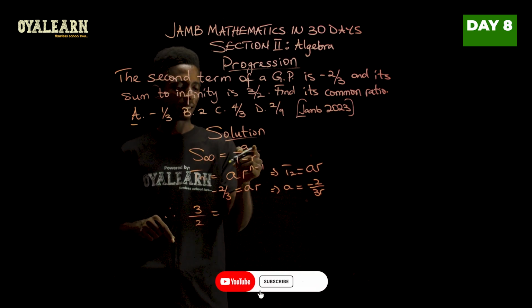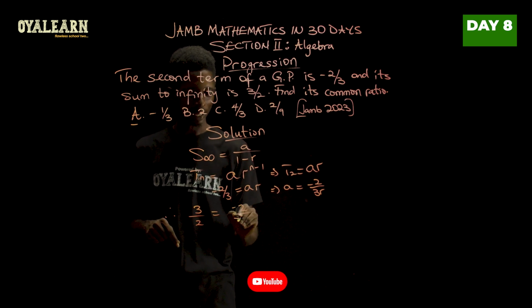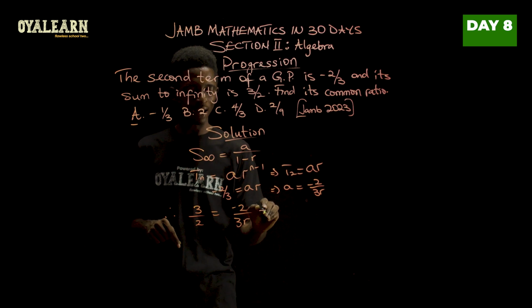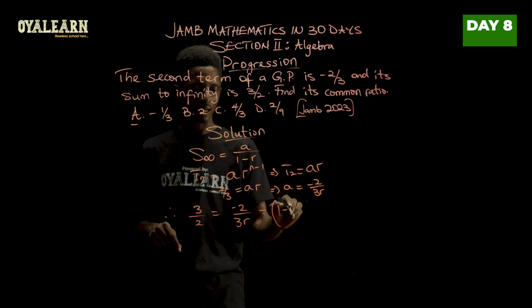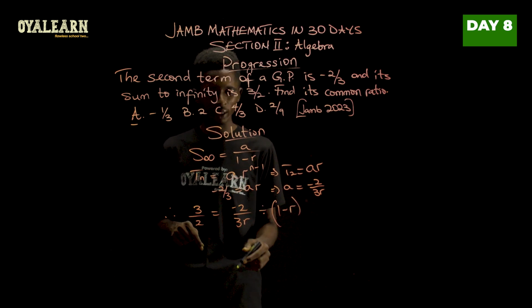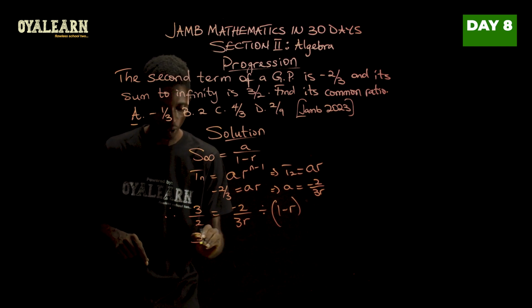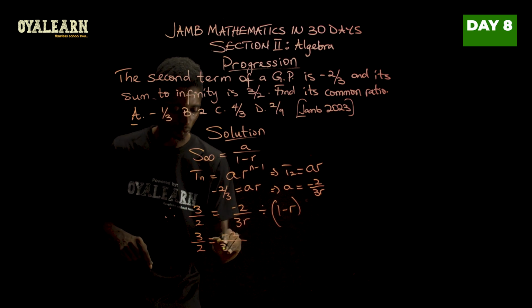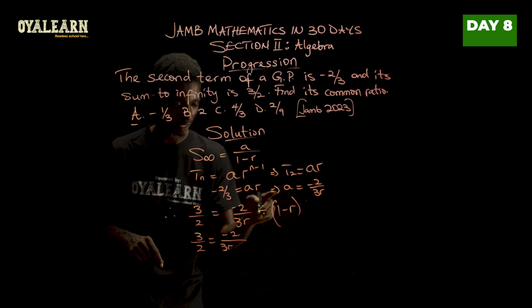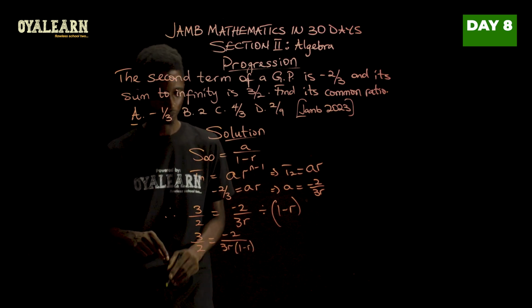And this would be A. A is negative 2 over 3r divided by 1 minus r. So working with this, we can then have it as 3 over 2 equals minus 2 all over, now 3r will come down like this, and then we'll have into 1 minus r.